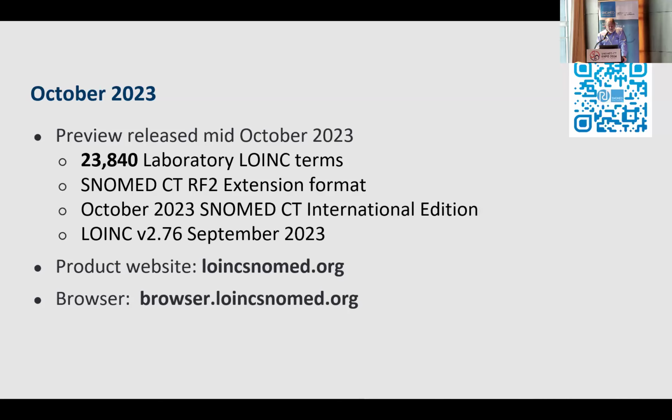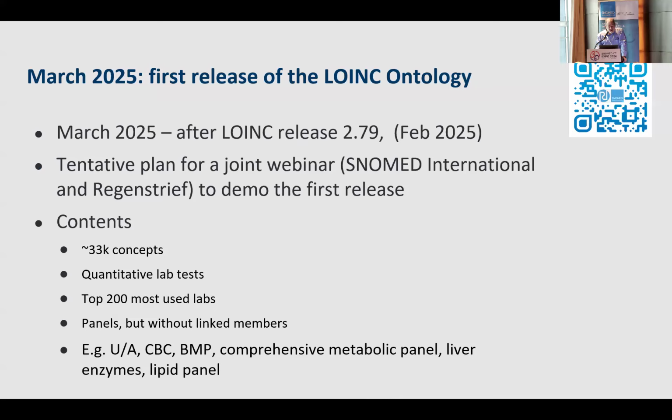But you can still find that and browse it at the loincsnomed.org website. But what's coming up is the first formal release of the LOINC ontology, which will be based on LOINC release 2.79, which is due in February of 2025. And when we do that release, we're planning for a joint webinar between the two groups.